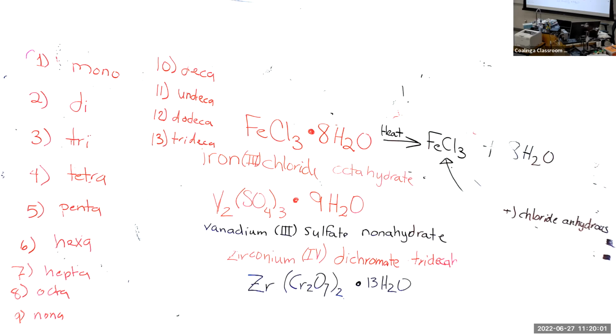This guy's name now is iron 3 chloride anhydrous, where when it had the water, it was called iron 3 chloride octahydrate. Because the plus we know means and, this here means it's part of the same compound. See the difference? So in other words, we got rid of this.